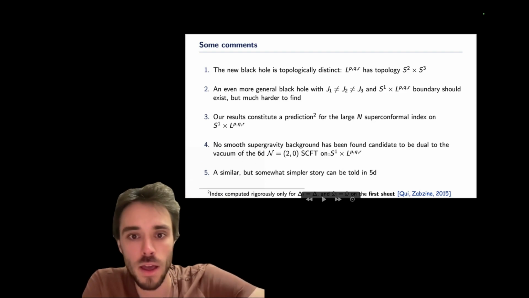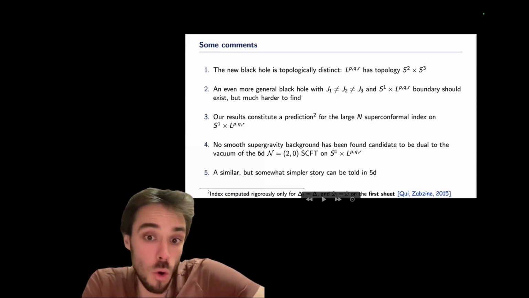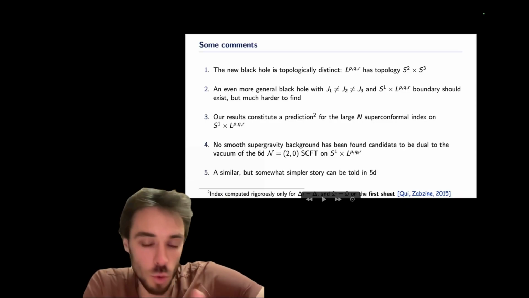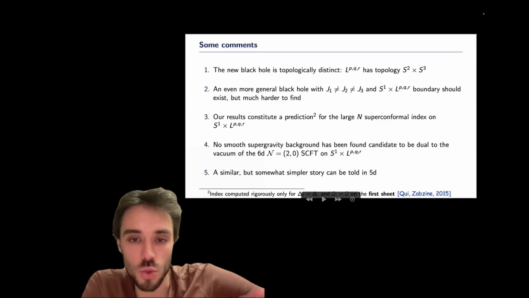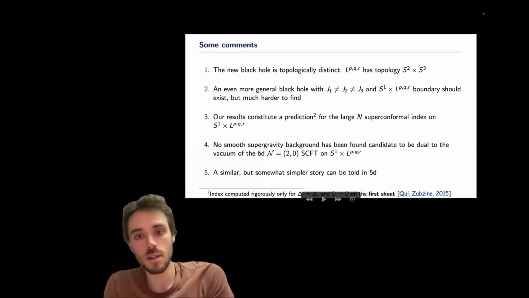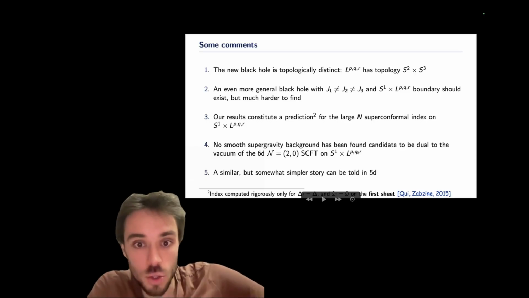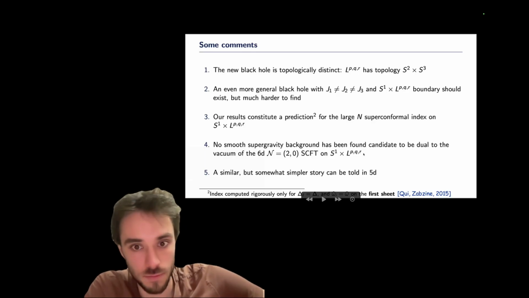Now, we have found a black hole with S1 times LPQR boundary, but if you don't want a black hole, and if you just want to fill up that space smoothly without a horizon, there is no known smooth solution.